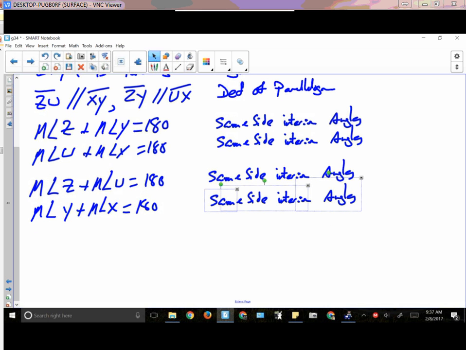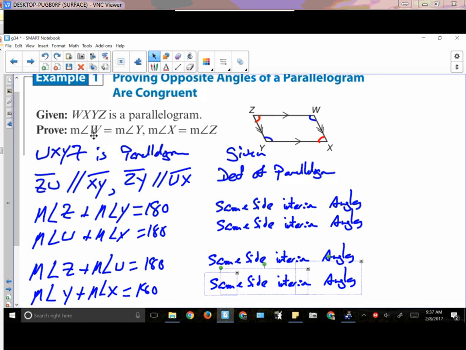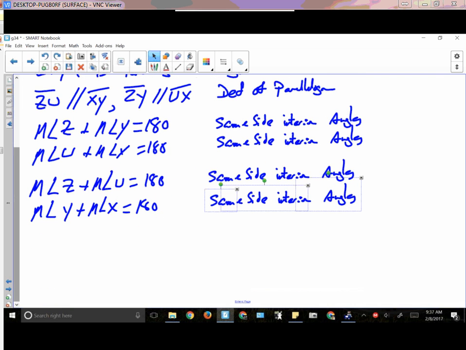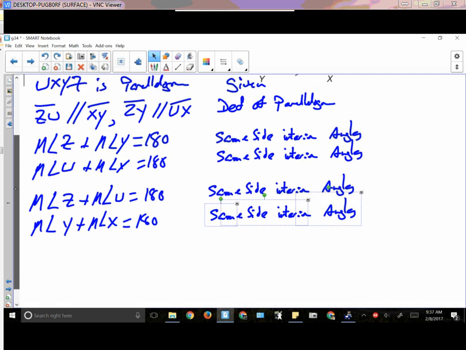All of these are equal to 180, correct? I want to get that W and Y are the same thing, correct? So, could I go and say that, let's see, which ones we want the same?